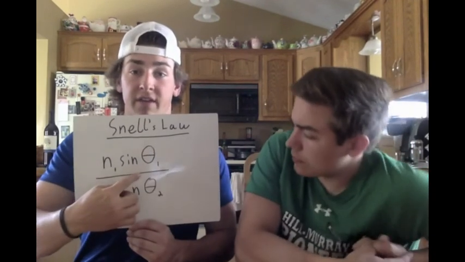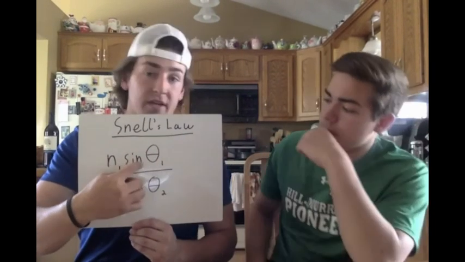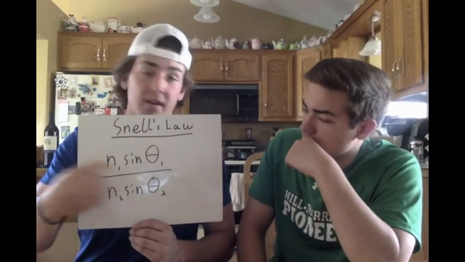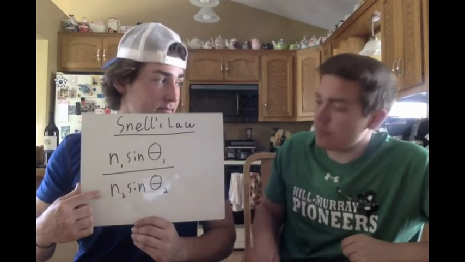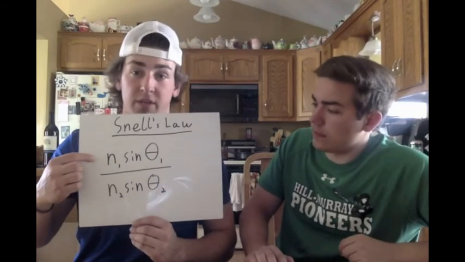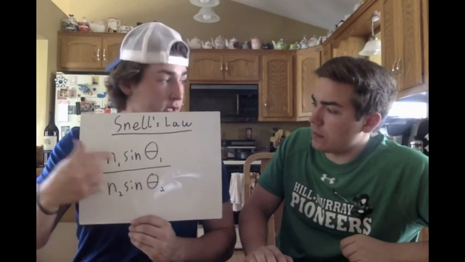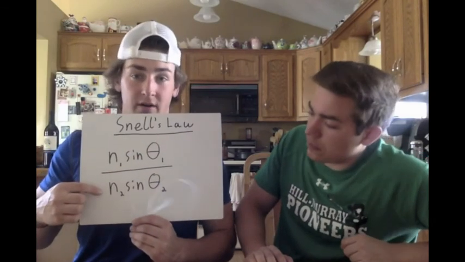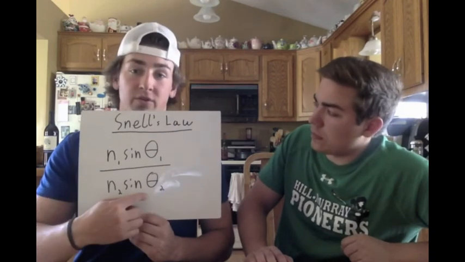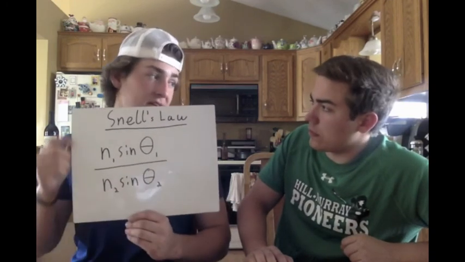You need to know the angle of incidence that it enters into the new medium, which is the sine theta here. And you need to know the index of the second medium. So in this situation, we'd have air, and then the angle at which the straw enters the water. And then we'd have water down here, and now we are trying to find the second angle.